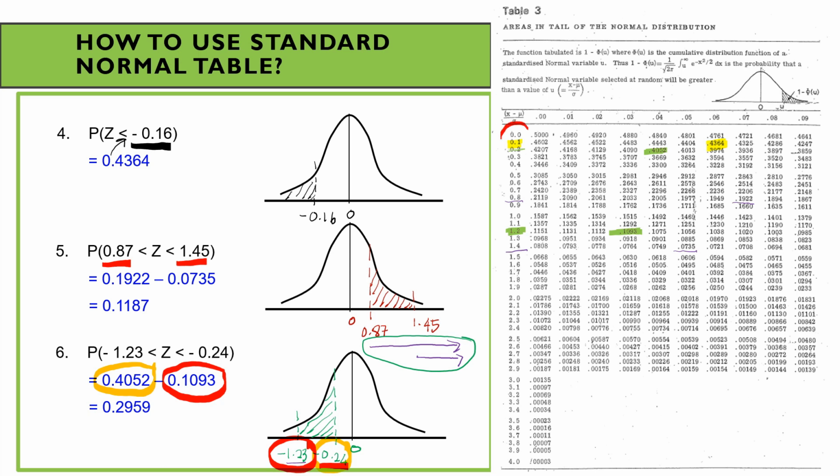This one is 0.0 and this one is 0.5, which means the standard normal table is symmetrical. Here is 0.5 and the other side is 0.5. That's why the total probability must be exactly equal to 1. Remember that.